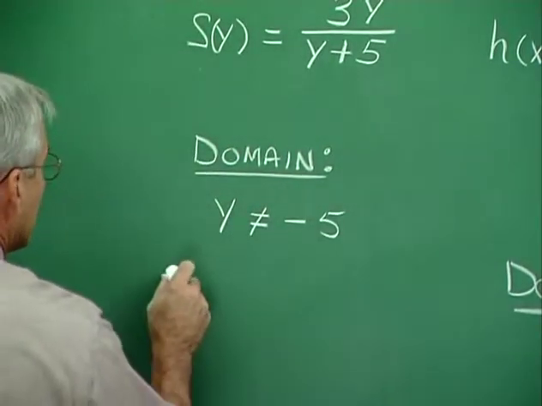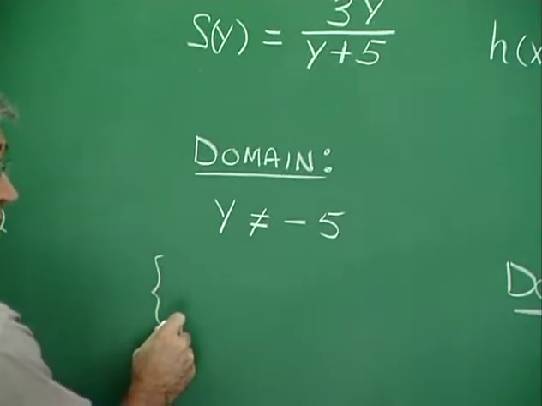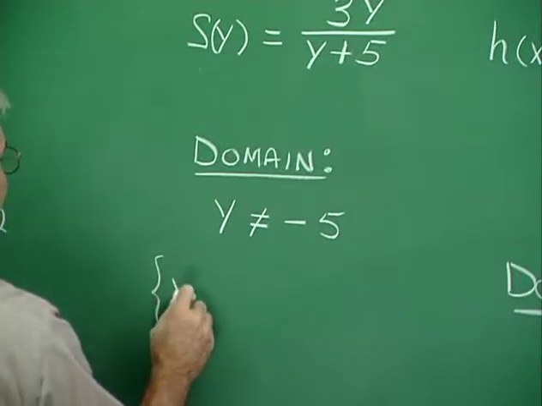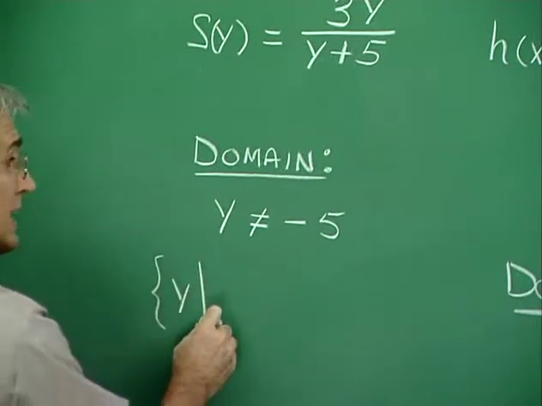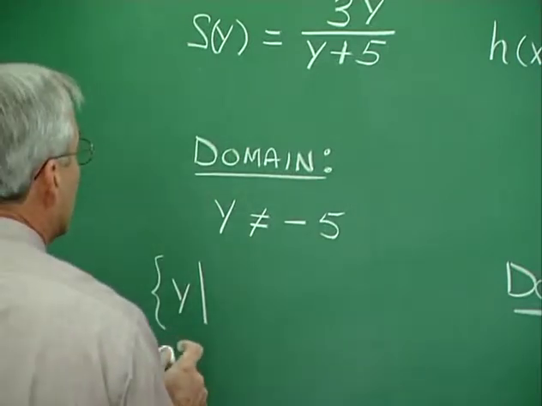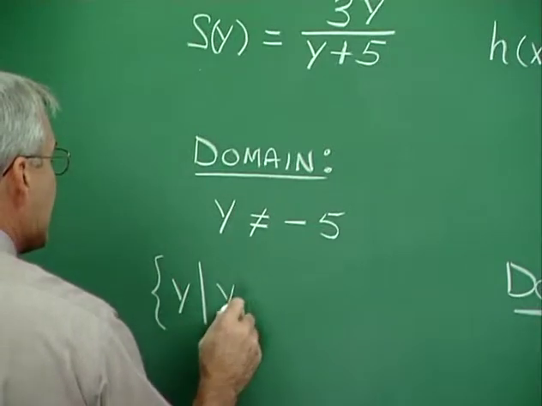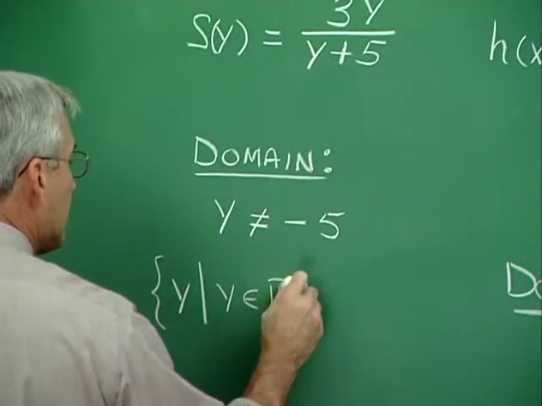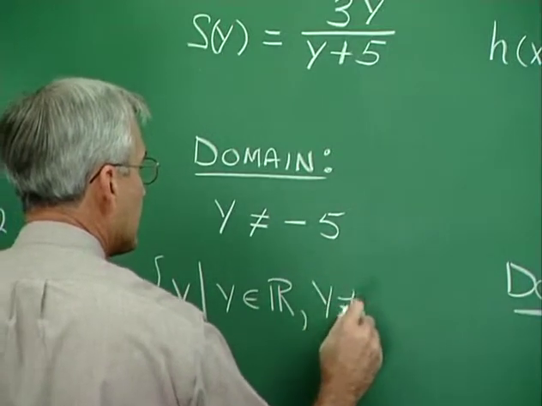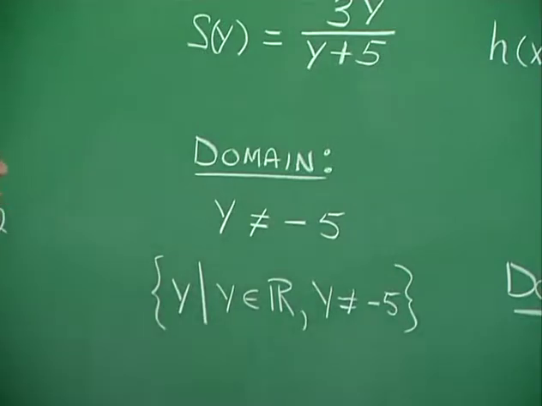But another way to do it, and this is a little more formal, is to say the domain is a set of numbers, so we can say the set of y values such that, and I'm using y because that's the variable used in our particular function, the set of y's such that y is an element of the real numbers and y is not equal to negative 5. That's a much more formal way to do it.